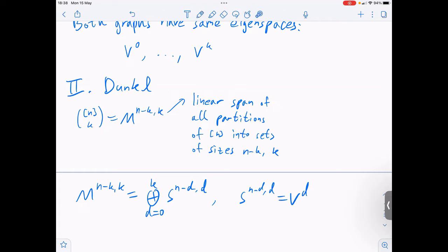Okay, so finding a description of these eigenspaces is the same as finding a description of these Specht modules. But there's a slight difference between what we're doing now and what people usually do in representation theory. For people doing representation theory, this thing is a module. It's something abstract. It has no connection to the slice.